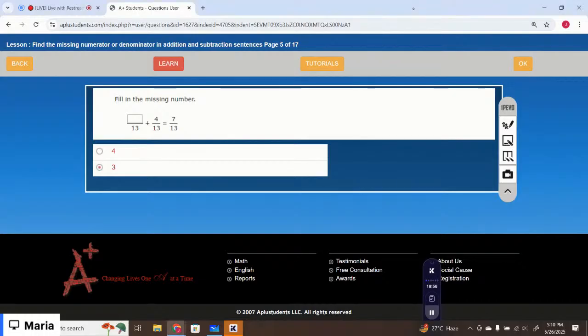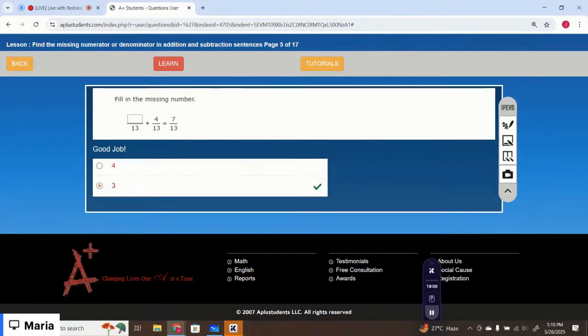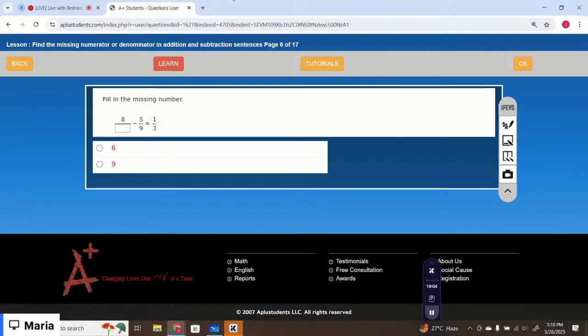Next, fill in the missing number: 8 over 9 minus 5 over 9 equals 1 over 3.